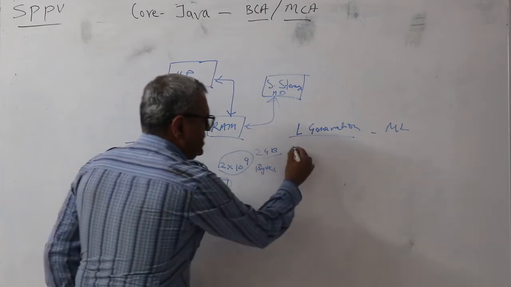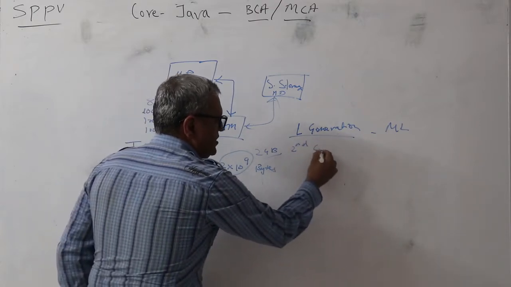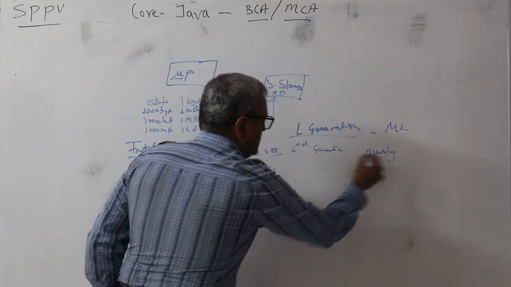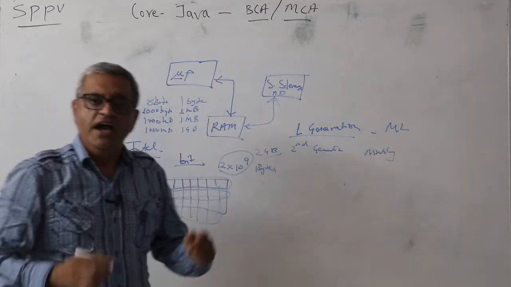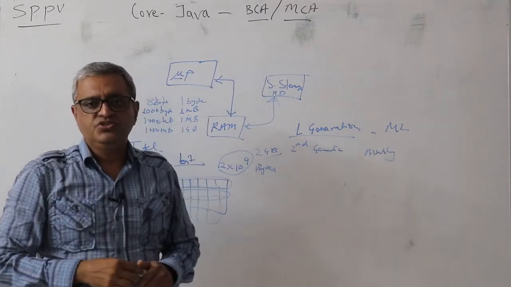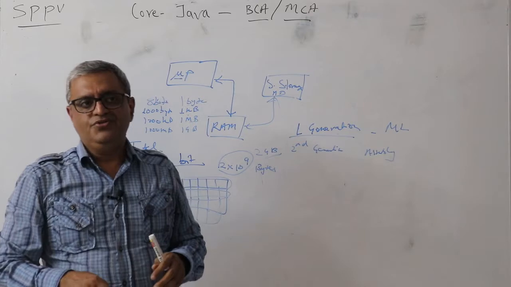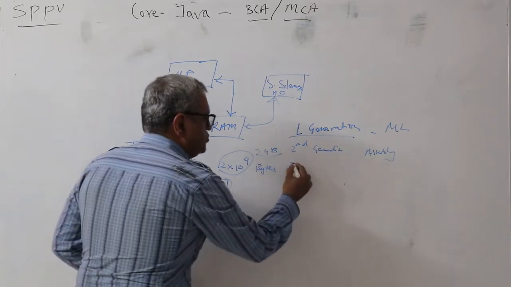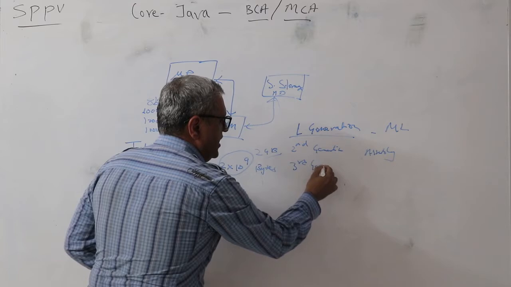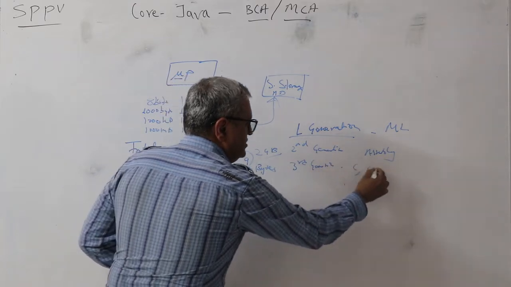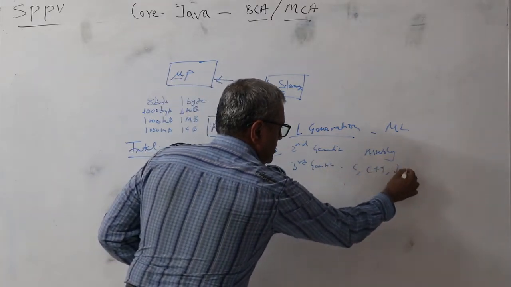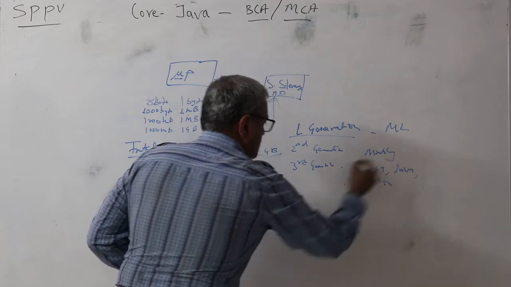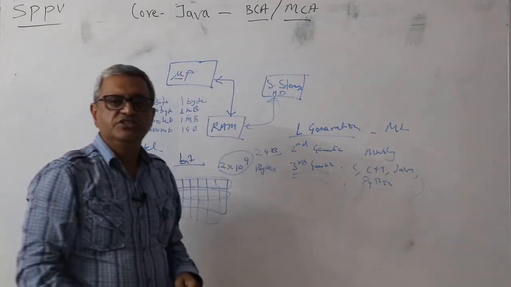The second generation language is your assembly language. And the high level languages which we often work upon or learn in academics are third generation languages, like C, C++, Java, Python. So all these languages are third generation languages.